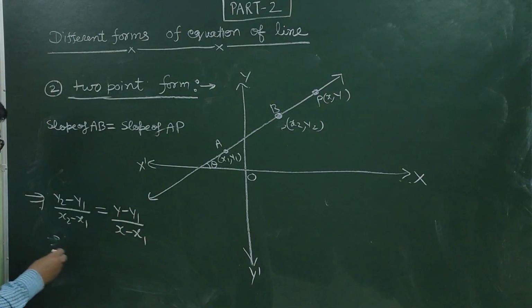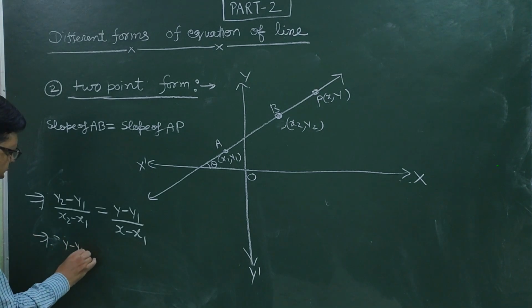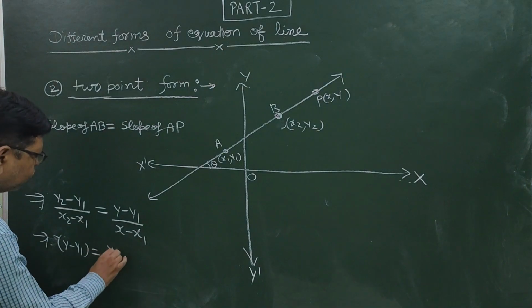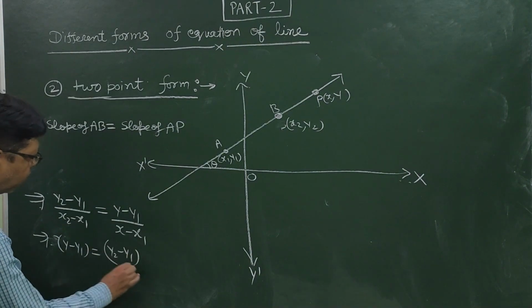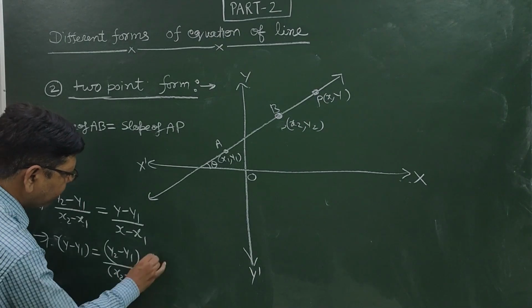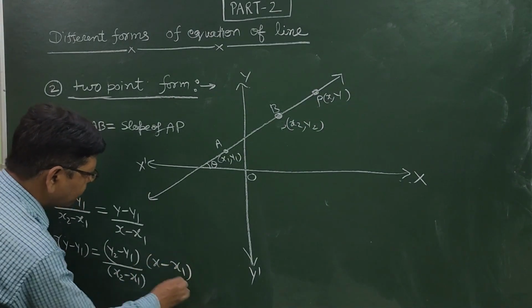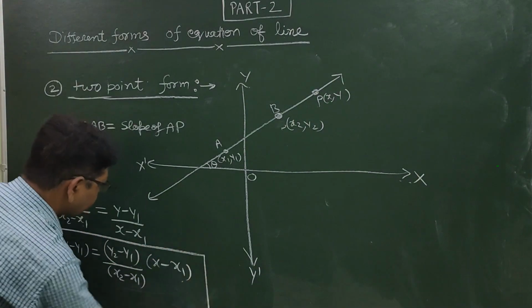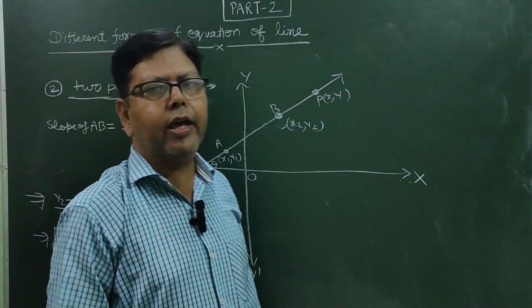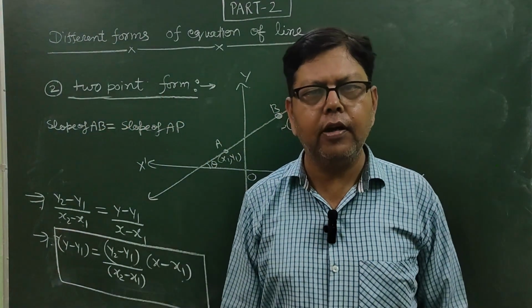If we cross multiply, then y minus y1 is equal to y2 minus y1 upon x2 minus x1 into x minus x1. This form where two points are involved is known as the two-point formula.